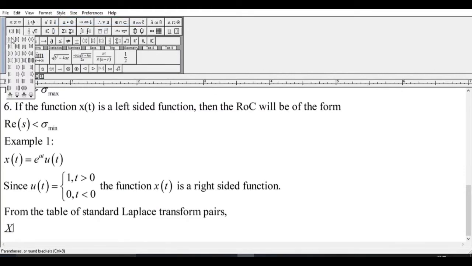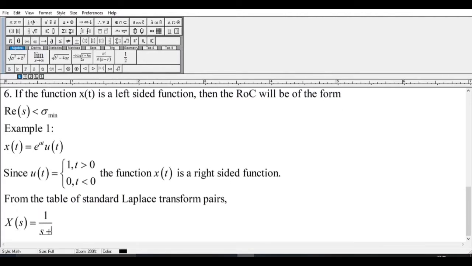I repeat, we are not going to perform the integration, but in order to save time, I am going to refer to the standard table of Laplace transform pairs that are available, and it is 1 by s plus a.